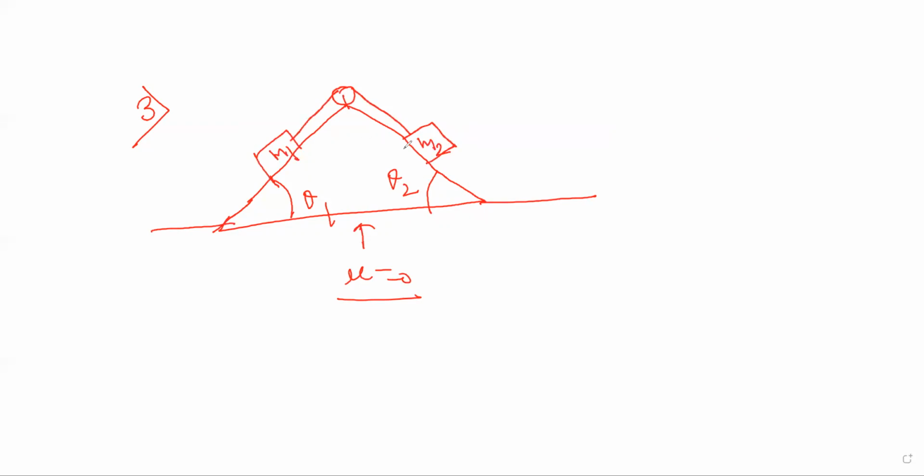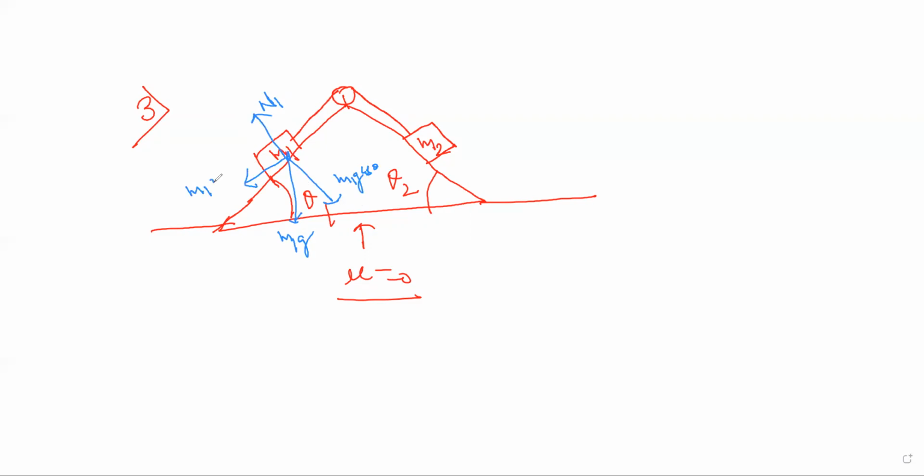The simple procedure we always opt for is, first and foremost, to write the free body diagram. So of course this is the direction of normal, this is N1, this is the direction of m1g, and its components are m1g cos theta in this direction and m1g sin theta in this direction.